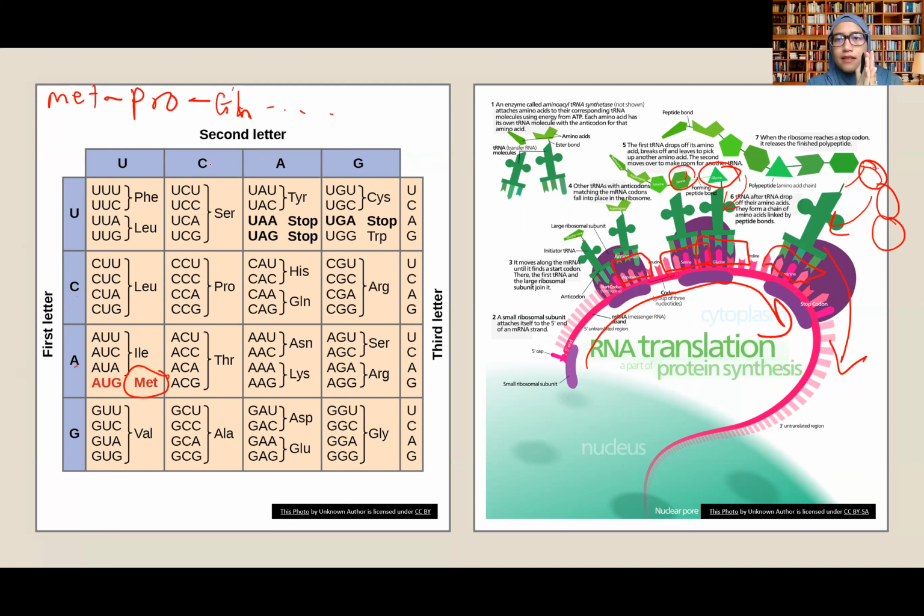So if one base gets deleted, the whole frame will shift, and it will cause a different protein to be produced altogether. So you can see how only one small mutation can change a protein significantly. So in turn, that will affect the organism significantly as well.